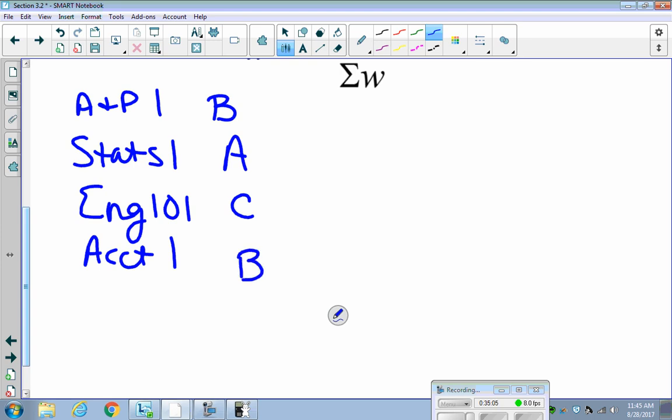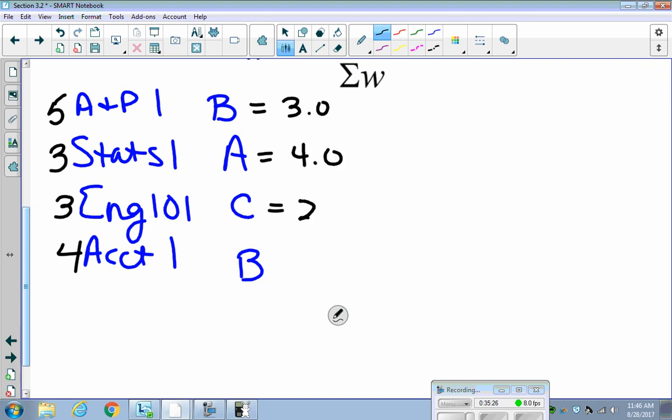Okay. So the credits, that's a 5-credit. That's a 3 credit. That's a 3 credit. That's a 4 credit. I'm not just going to add up because a B is worth, anybody know a B is worth 3, an A is worth, a C is worth, for our scale of GPA, correct?